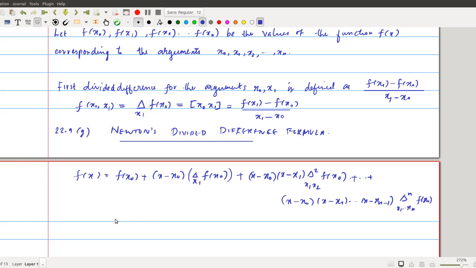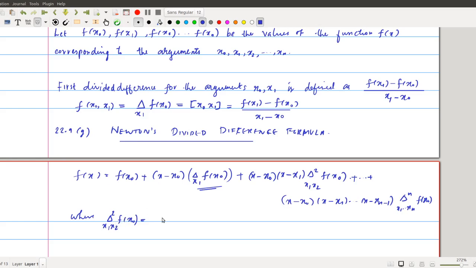Okay, so here we define this delta square x1 x2 f of x naught. Okay, so we know that delta x1 f of x naught is f of x1 minus f of x naught divided by x1 minus x naught. So what is the second order divided difference formula?